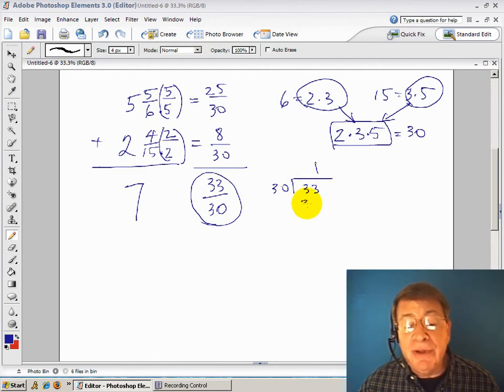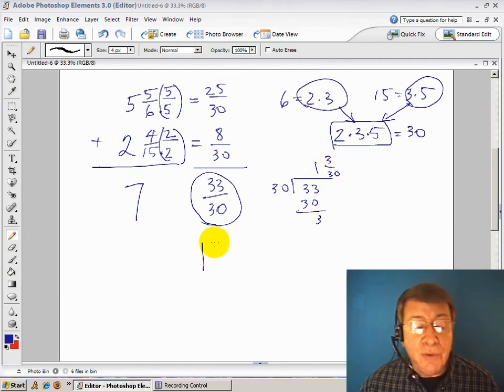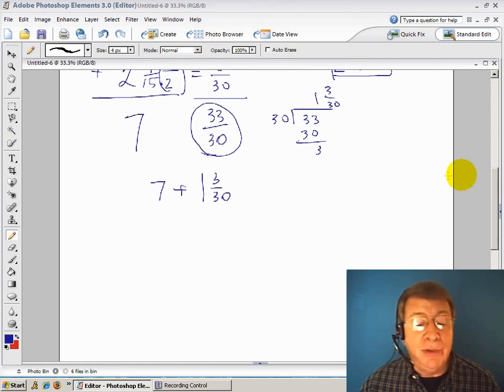And I can do that simply by dividing, and what I get is 1 and 3/30ths left over. And we can add that to the 7 that's already leading our problem. 7 plus 1 is 8 and 3/30ths.